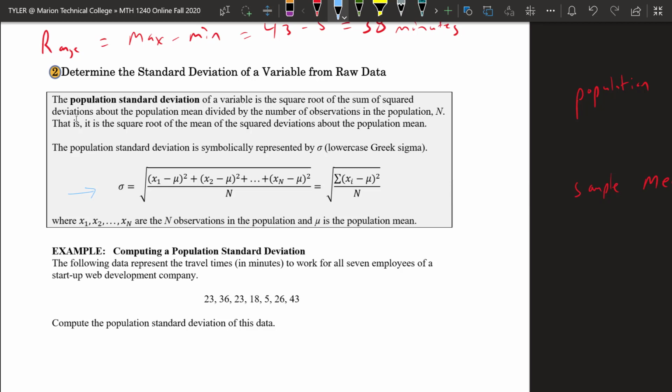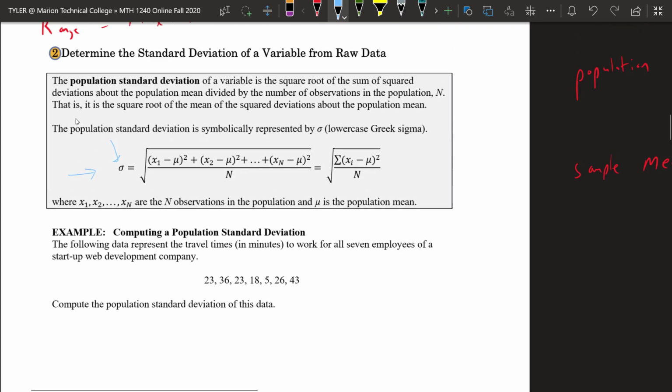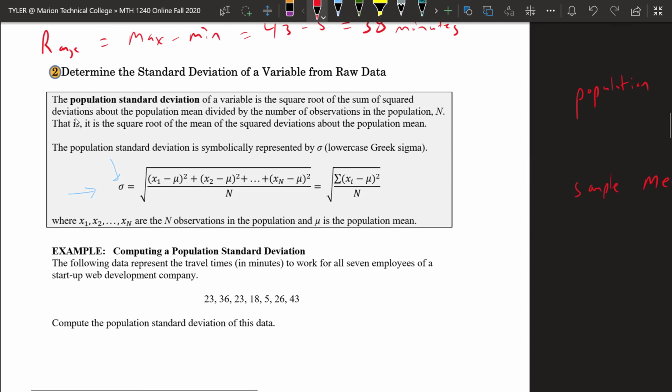So this O-looking thing is sigma. Sigma is equal to the square root of the sum of the x sub i's minus the mean, squared, divided by capital N. This is an equation you should know.